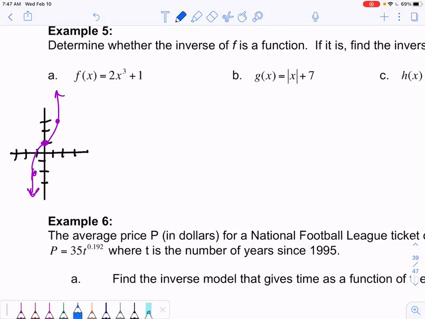And then using your graph, do the horizontal line test on the graph. If the graph passes the horizontal line test, then the inverse is going to be a function. In this case, Jordan, is the inverse going to be a function? Yes. I'm going to say passes horizontal line test.